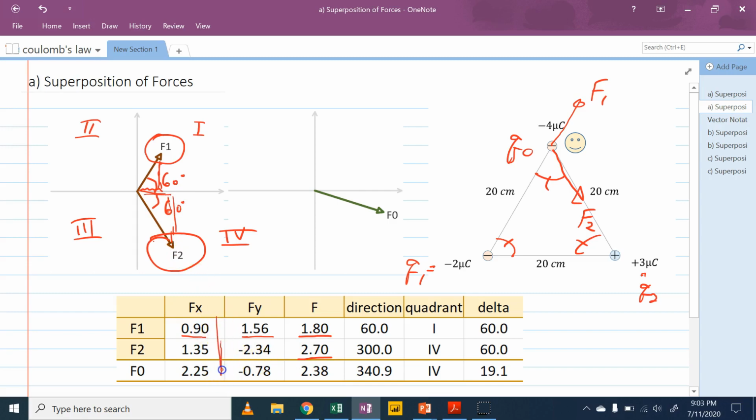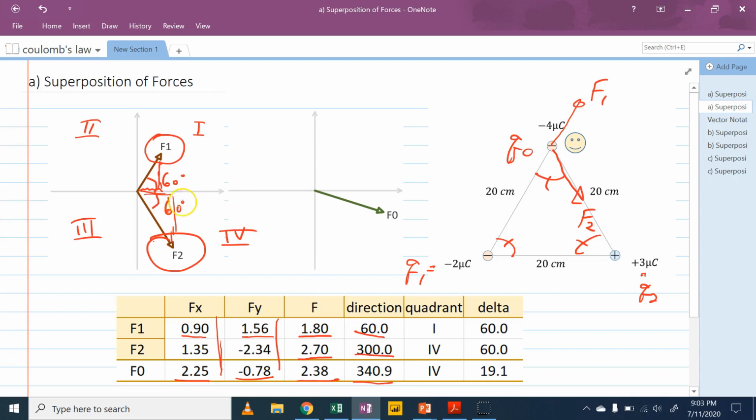We add our x components, we add our y components, and then we get the magnitude and direction of the final answer. Now, I'll talk a little more about vectors in a minute, but it'd be important for you to fully understand how I'm calculating these magnitudes, how I'm getting these components for each vector, and how I'm getting the so-called direction, the standard angle.